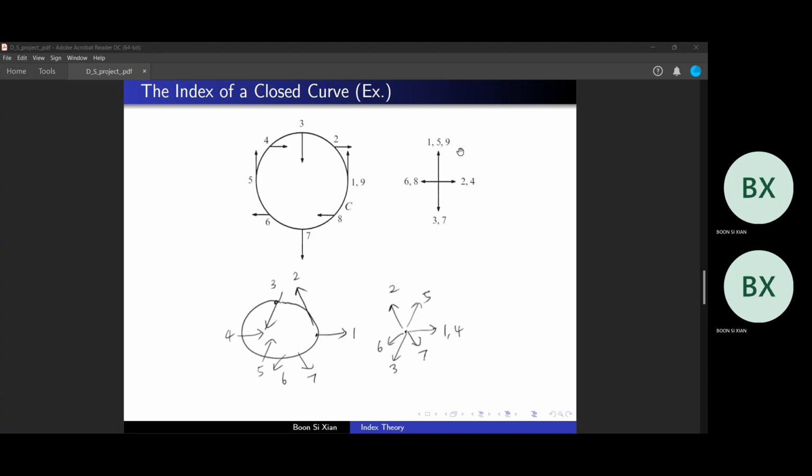And then from 7, 8, 9 we get clockwise, which is negative, so we get 0. So the index is 0. And for the last part, we have 1, 2, 3, 4 is one rotation, and 5, 6, 7 is another 2 pi, which is 4 pi. So the index is 2.